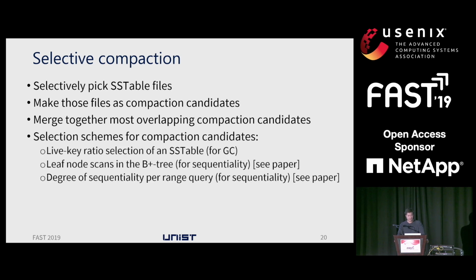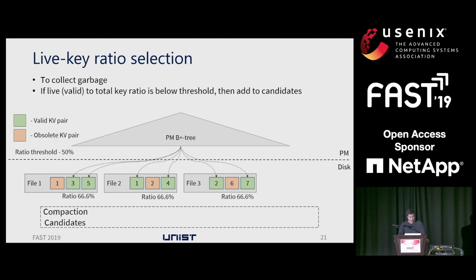To select those compaction candidates, we have, as I said before, 3 schemes. Live key ratio selection of an SSTable, that's for garbage collection. Leaf node scan in the B+ tree for sequentiality. And degree of sequentiality per range queries, that's also for sequentiality. For the last 2, please look in the paper for the details, and I'll be explaining just the first one.